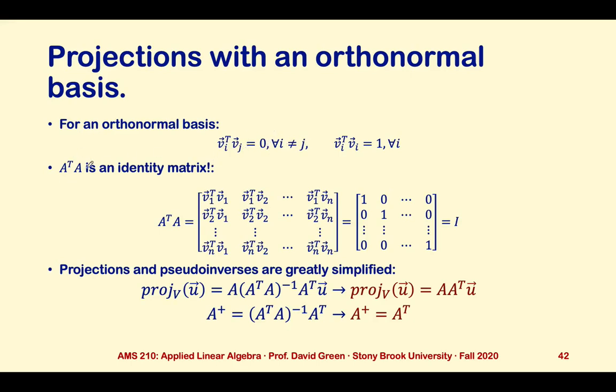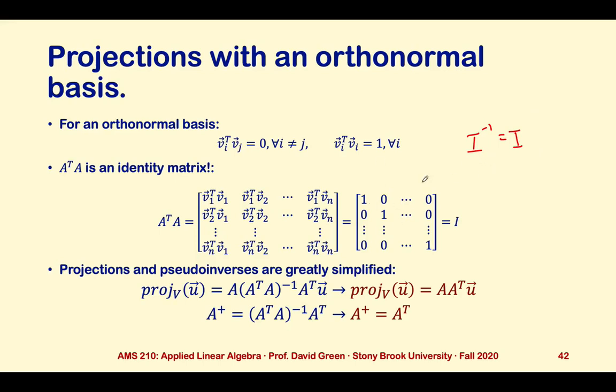So that means A transpose A has to be a diagonal matrix. But we also have the result that the length of each of those basis vectors is 1. And so that means the diagonal in A transpose A is all 1s. A transpose A is just the identity matrix. We're interested in (A transpose A) inverse, but of course the inverse of the identity matrix is also the identity matrix.